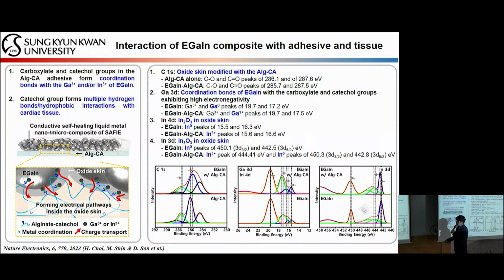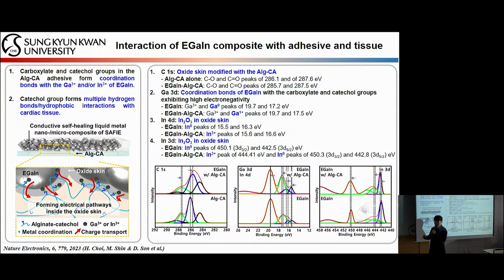And also the XPS data show the metal coordination between the liquid metal, the oxide skin, and hydrogel. Especially the observation of indium 3 plus means that the oxide skin became more conductive than before.